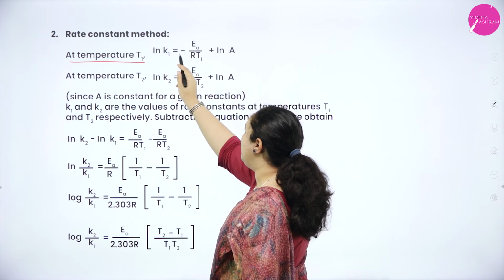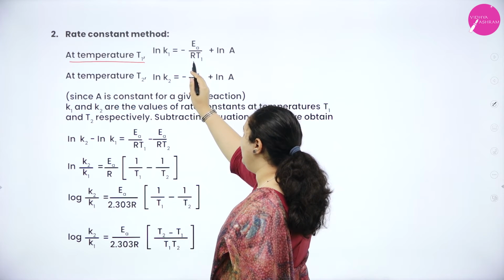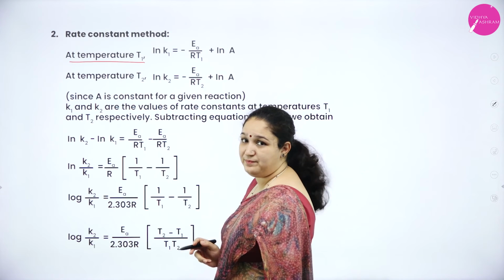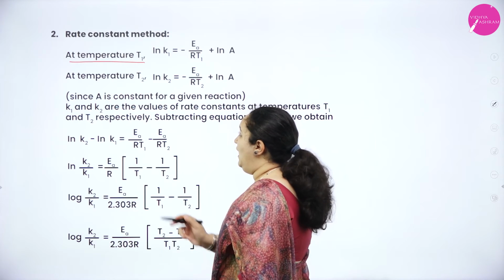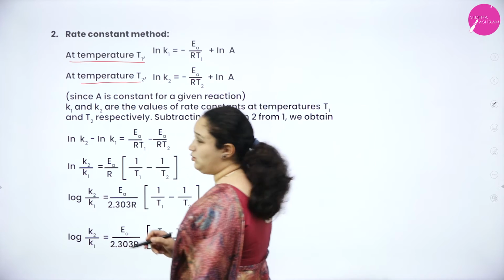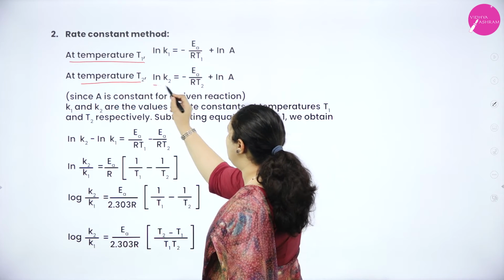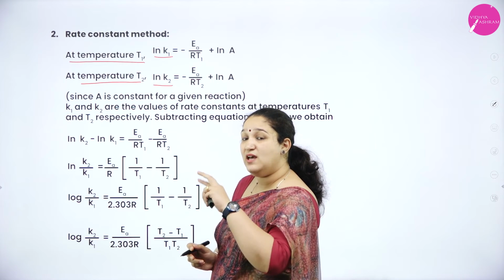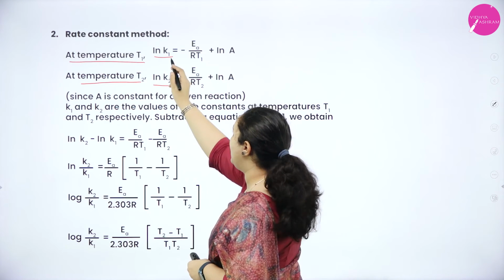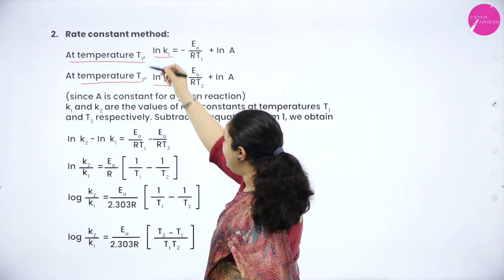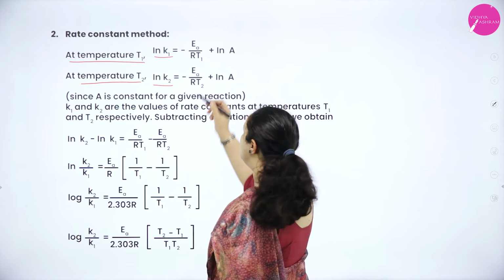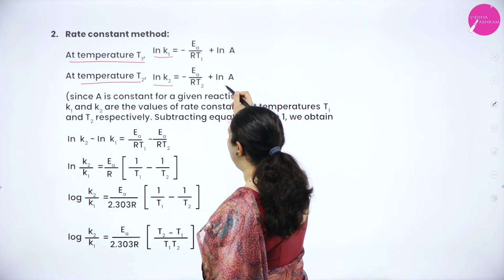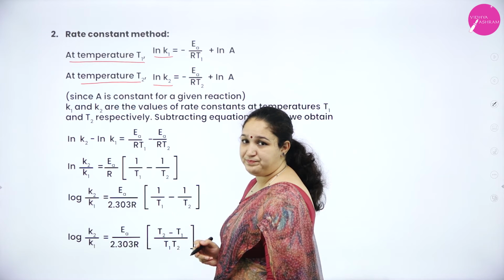Okay. At temperature T2, ln K2, see here K1 and K2, that is when the temperature changes, even the rate constant will change. That's why we have written K1 and K2 at temperatures T1 and T2. So here ln K2 is equal to minus EA by RT2 plus ln A.